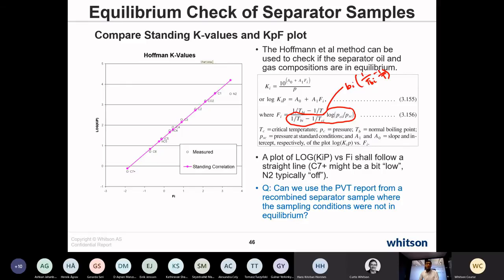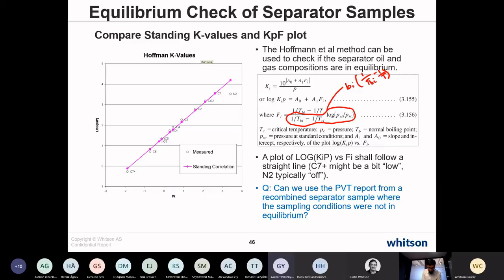So the well stream composition that you might have calculated from those non-equilibrium samples may not represent the true well stream flowing at that particular time, but all the PVT data measured on that quote unquote wrong well stream, if that is accurate and you know the composition of the well stream used to measure that PVT data, you should use all that PVT data to tune your equation of state model. Yes, Gulnar, you have a question?